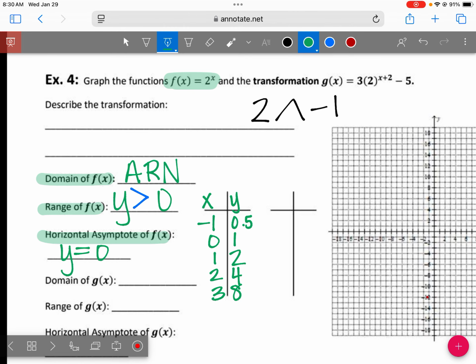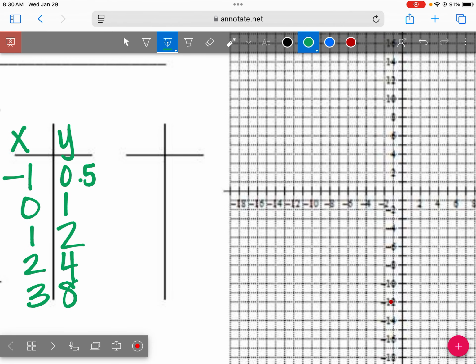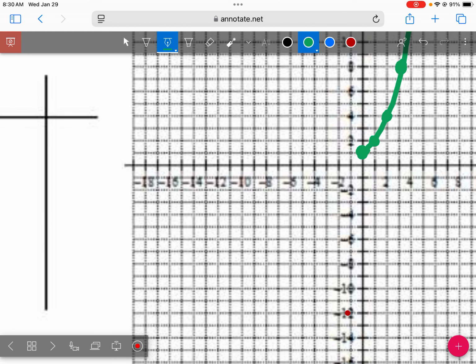All right, so let's go ahead and graph these numbers off to the side here. I'll zoom back out in a second. I don't worry about the -1.5. I'm going to start my graph at 0, 1, then 1, 2, 2 up 4, and 3 up 8. And because there's an asymptote, this is what's really important. Everybody look at the screen for a second.